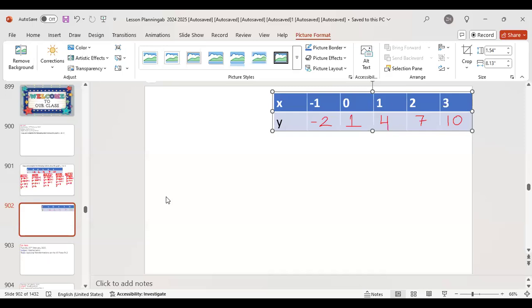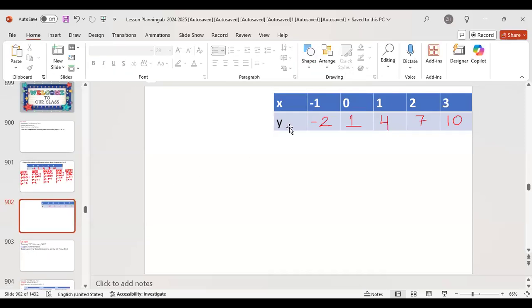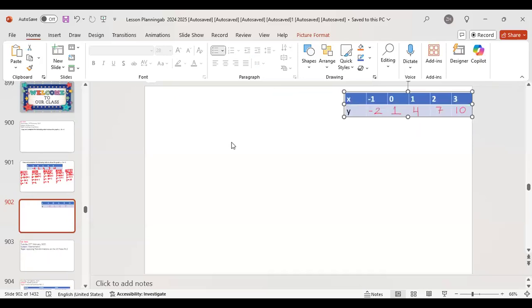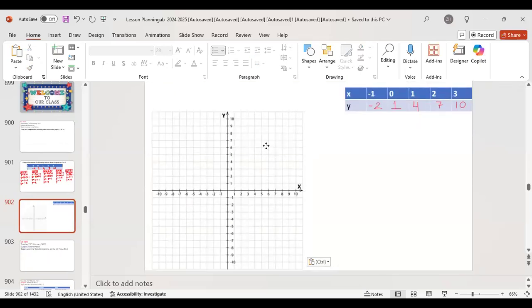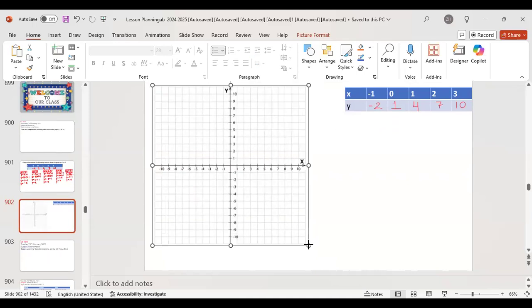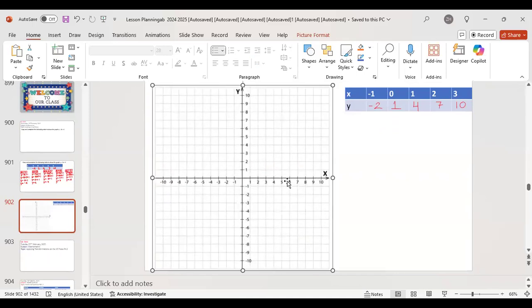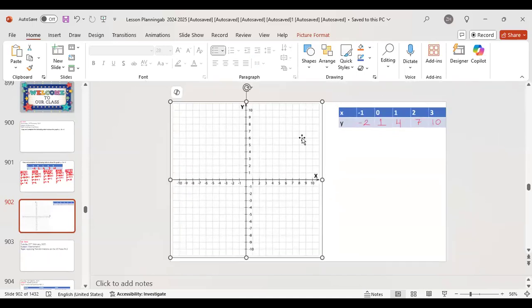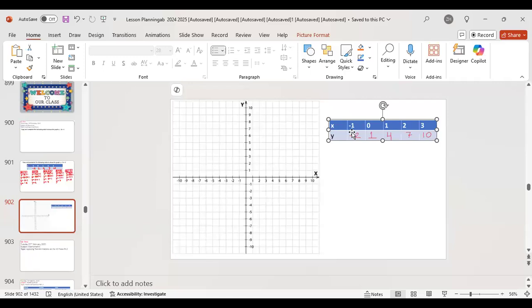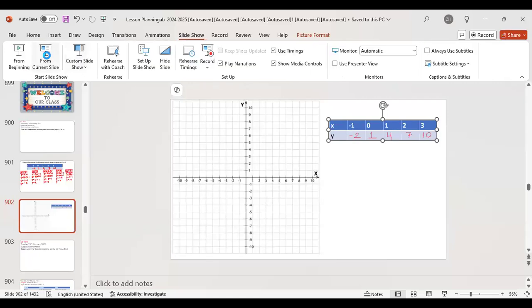Once we plot the coordinates, we're going to draw the line that connects them. That's our next instruction. Use your XY plane. Draw your XY plane, just like how I have this one here. Go up to 10.